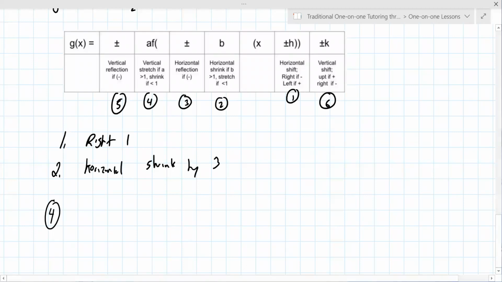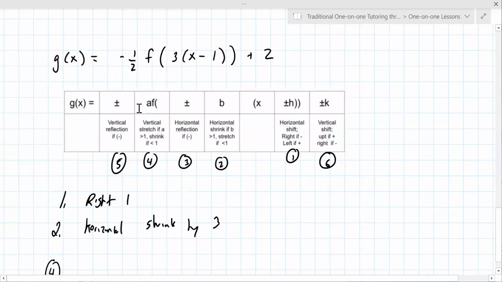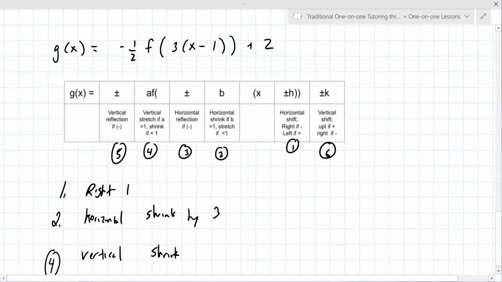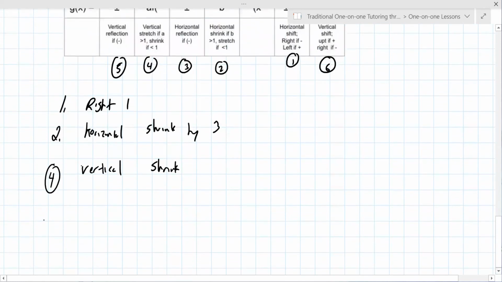It's like 4. Um, it's a vertical shrink. It's a vertical shrink. So you've got to get the right wording. Is it a shrink? Is it a stretch? I can't help you other than to remind you what they are, but you have to know the words really, really clearly. So then number 5, since it's negative, it's a vertical reflection.